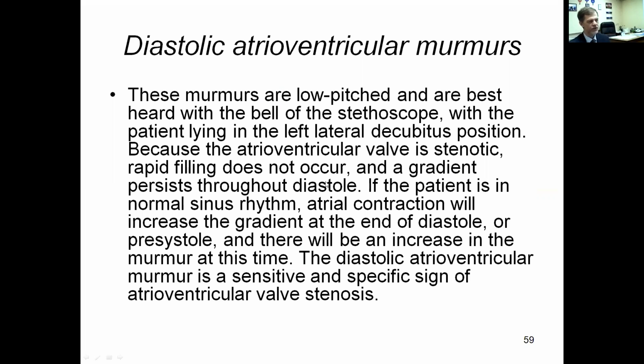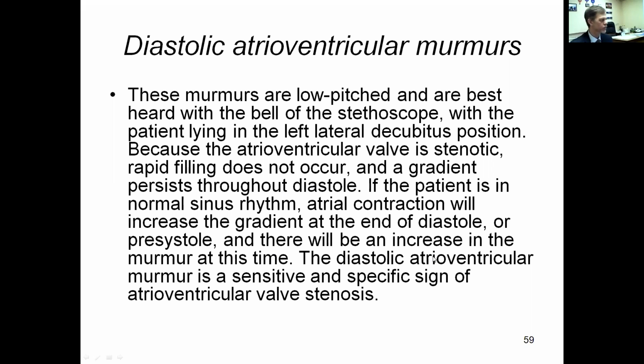Because the AV valve is stenotic, rapid filling doesn't occur, and a gradient persists throughout diastole. If the patient is in normal sinus rhythm, atrial contraction will increase the gradient at the end of diastole, or presystole, and increase the murmur at this time.